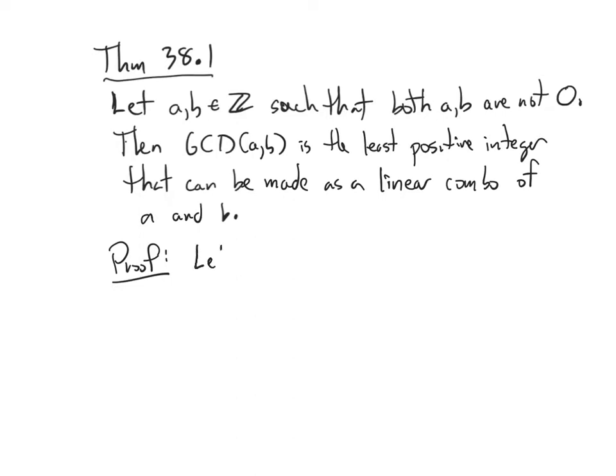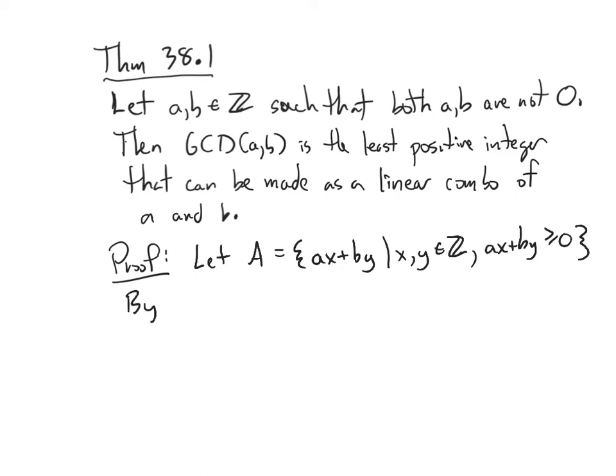All right, so let A be the set of all things you can make as a linear combination of A and B. So X and Y can be whatever integers you like, but we want that AX plus BY is non-negative.